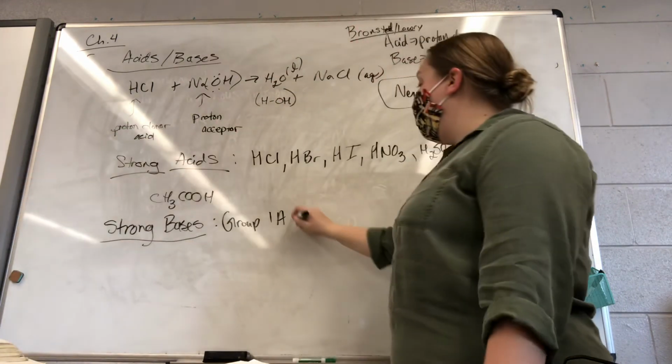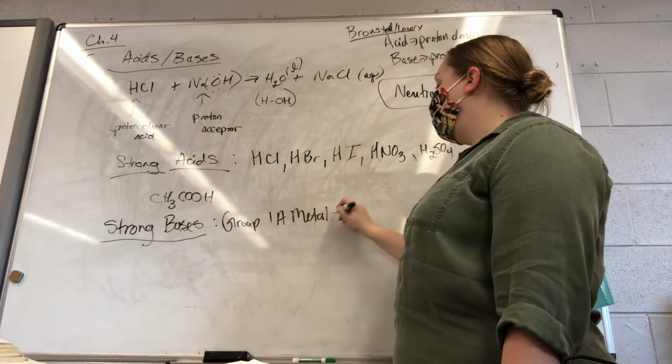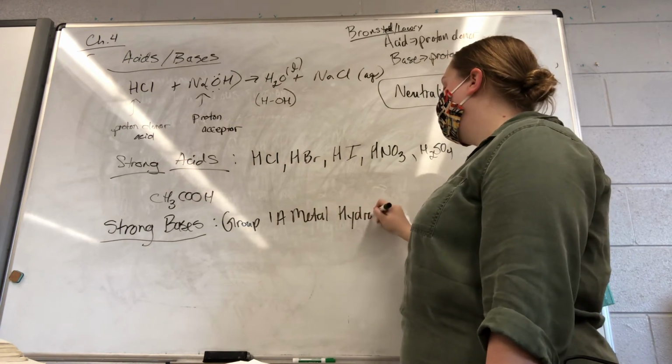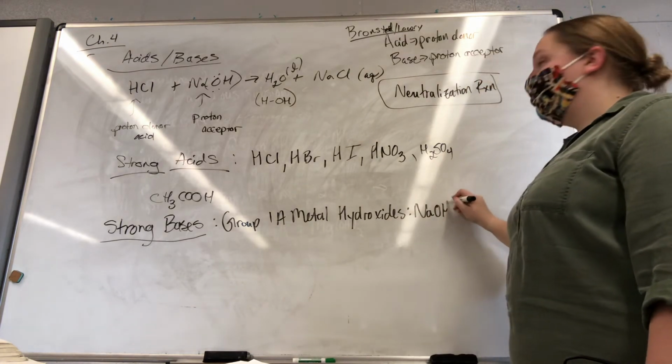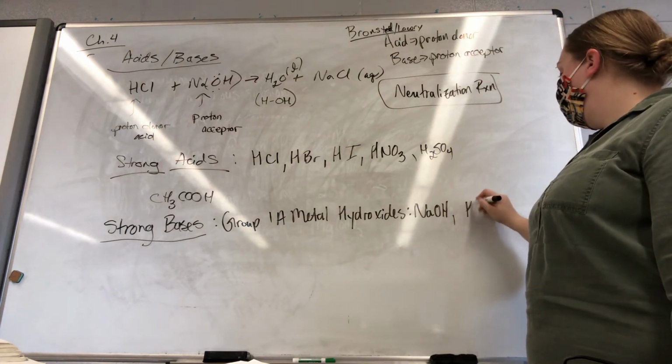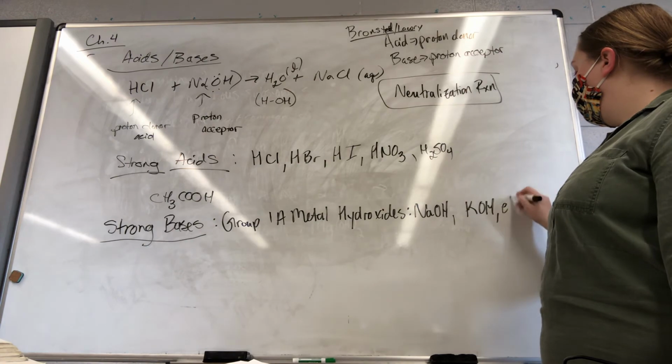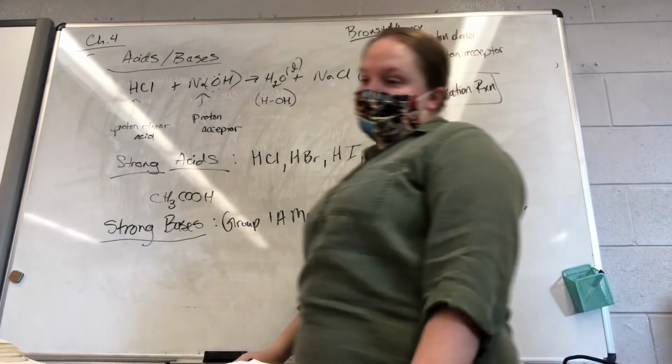Group 1A metal hydroxides. Those are some of the strong bases.